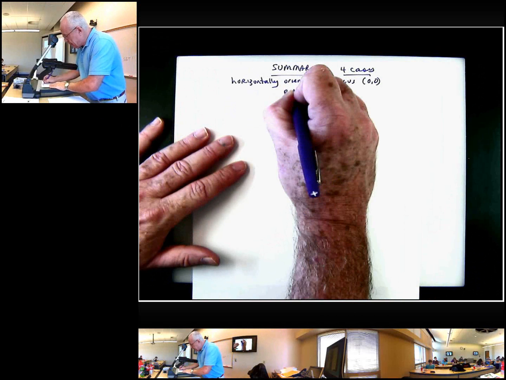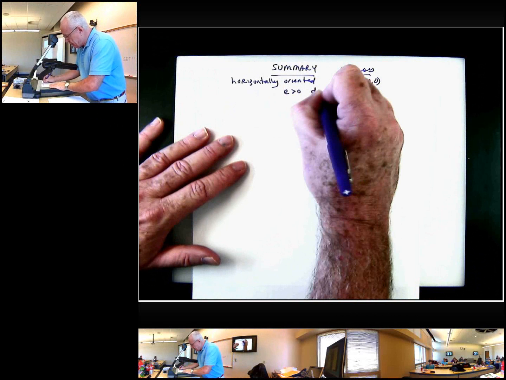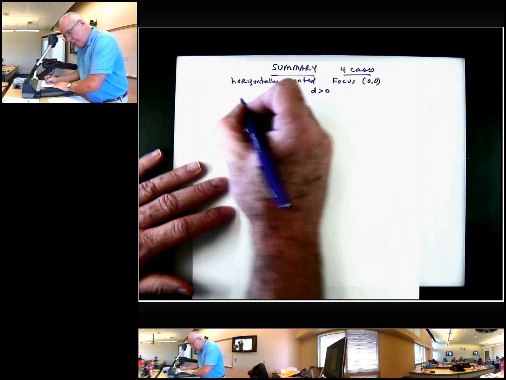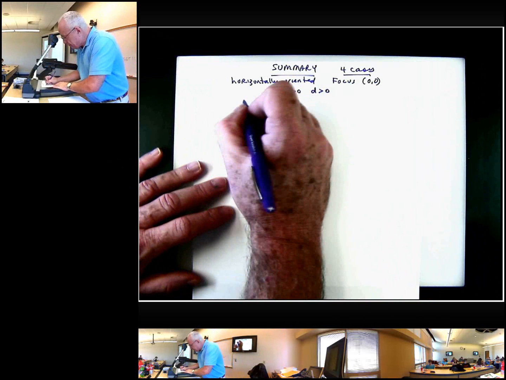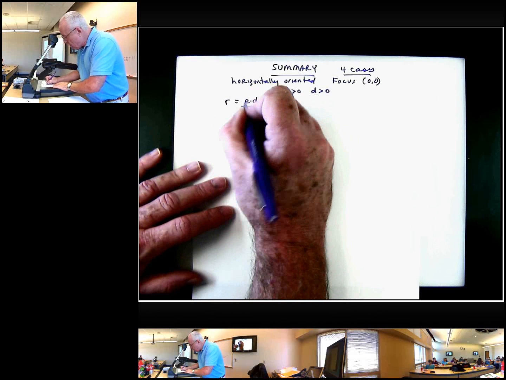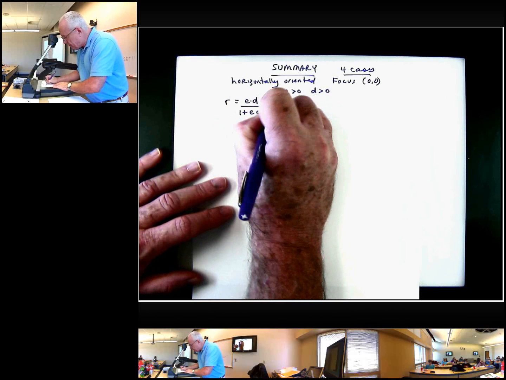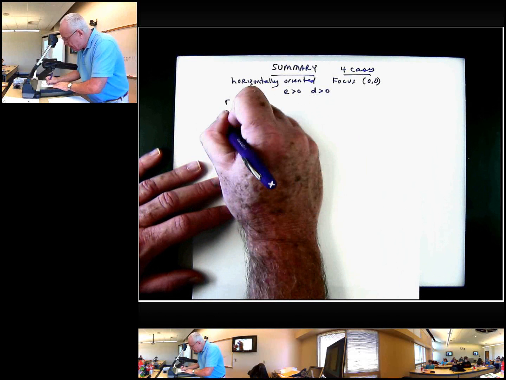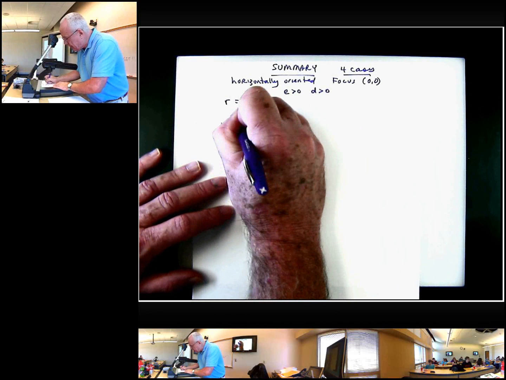E is bigger than 0, and d is also bigger than 0. So if we have r equals e times d over 1 plus e cosine of theta, basically we then have x equals plus d as the directrix.